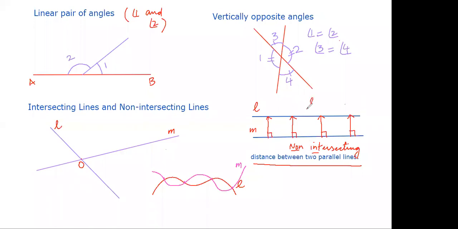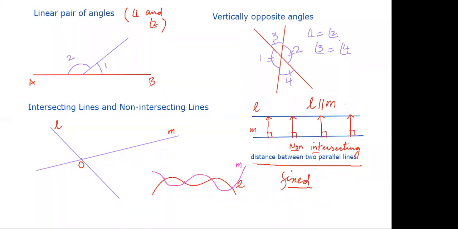In other words, you can say line L is parallel to line M. Okay. If you see that the parallel lines never intersect and they also have a fixed distance. That distance never changes between them. That fixed distance is the distance between two parallel lines.